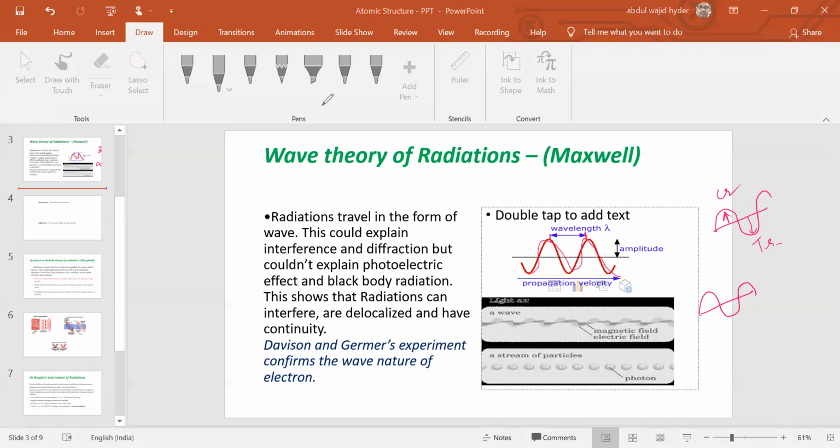Wave theory of radiation is given by Maxwell. Wave theory, Maxwell. And quantum theory was given by Max Planck. So see how you can remember W. Wave theory was given by Maxwell, and quantum theory of radiation was given by Max Planck.